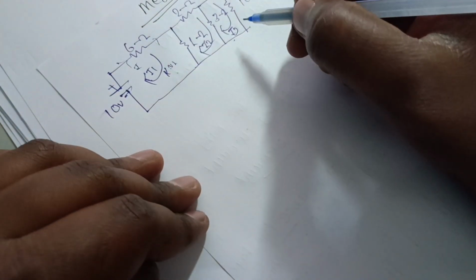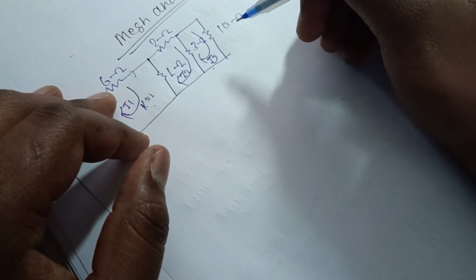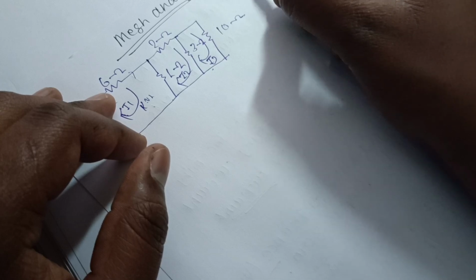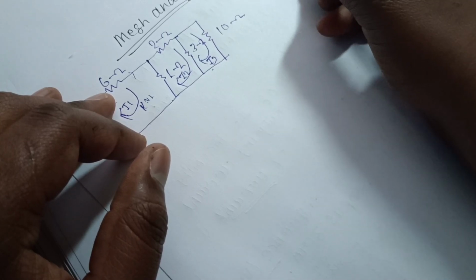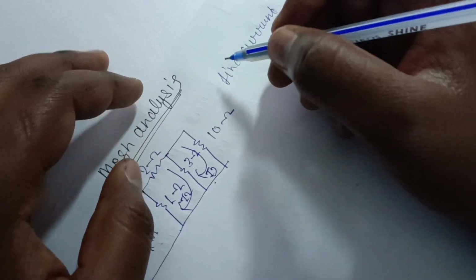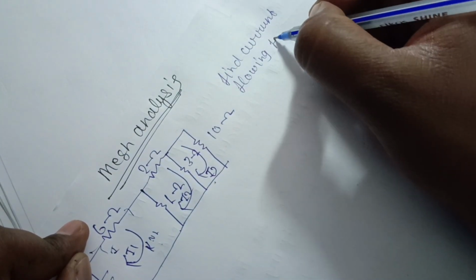The question says: find the current flowing through the 2 ohm.